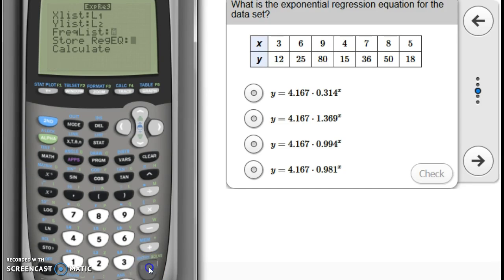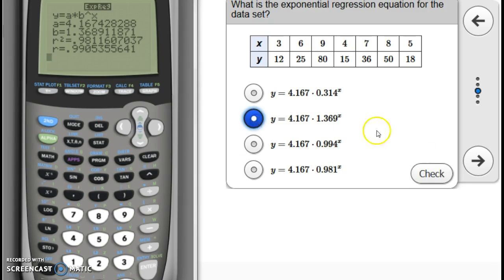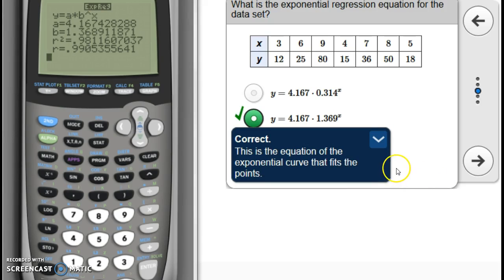Enter and calculate. And we'll see. Our answer choice is there.